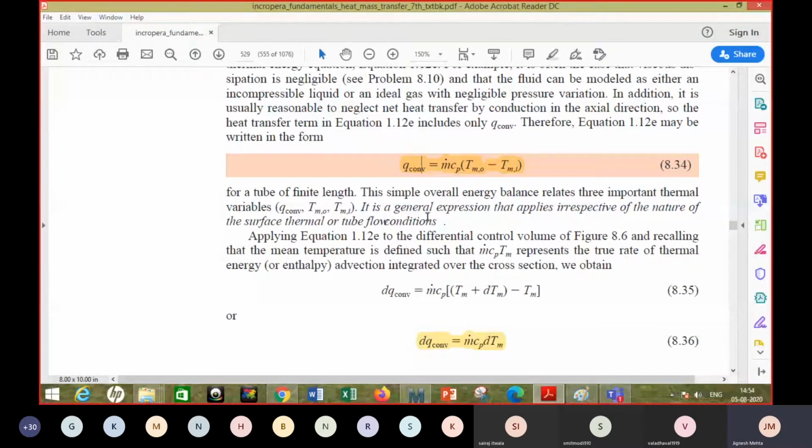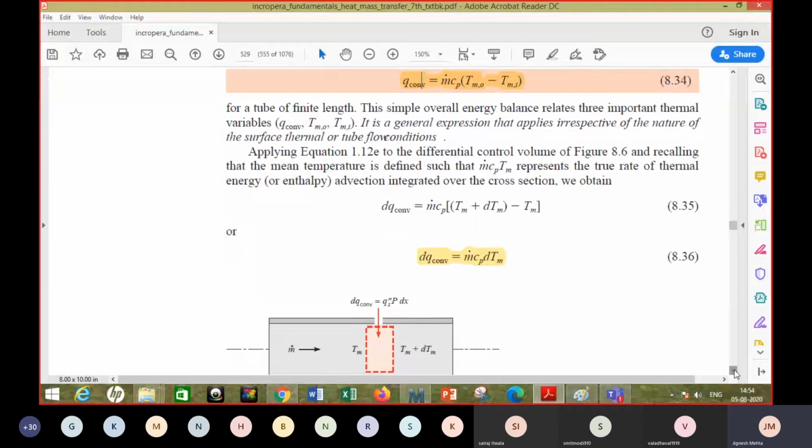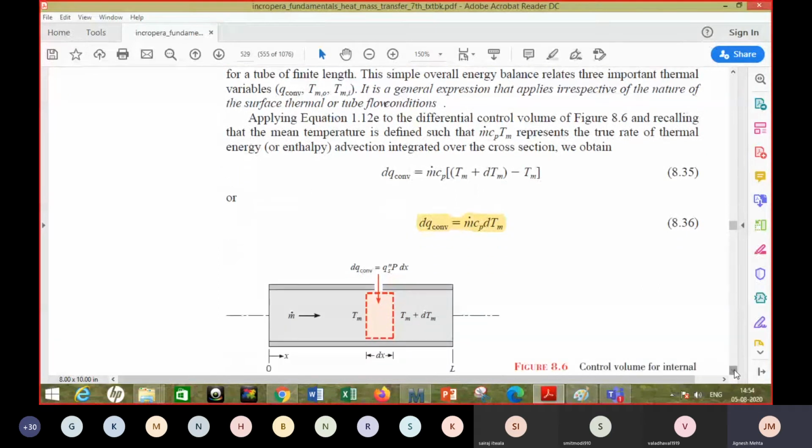But if you apply energy balance to a small volume like this, so dq convected into the tube, assuming that the surface temperature is higher than the fluid temperature, and in this local area, let's say the heat flux is constant, is equal to qs double prime into P into dx.